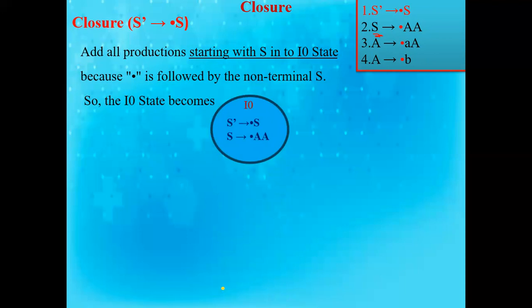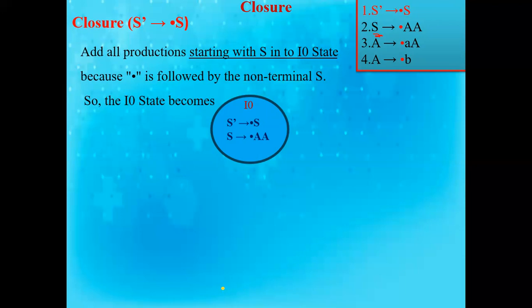The state I0 will have two productions, that is S prime gives dot S, and I have added the new production because this dot symbol is followed by a capital S. So I need to take that production also, that is S gives dot AA.